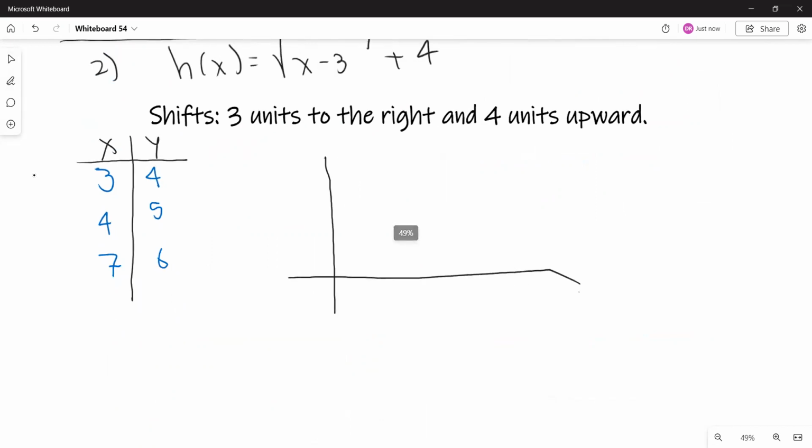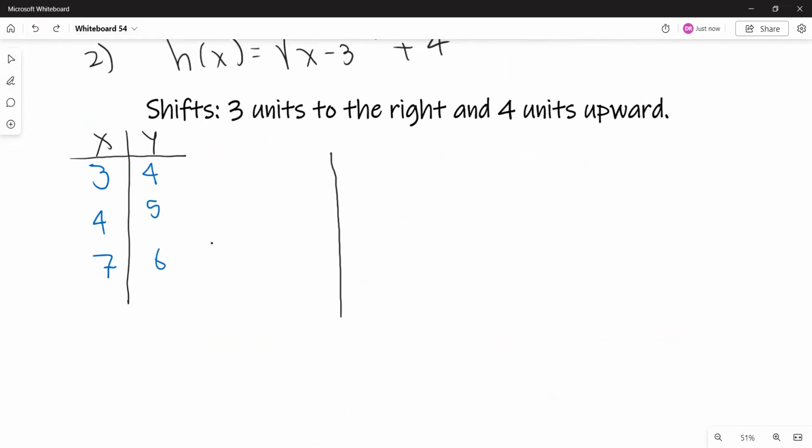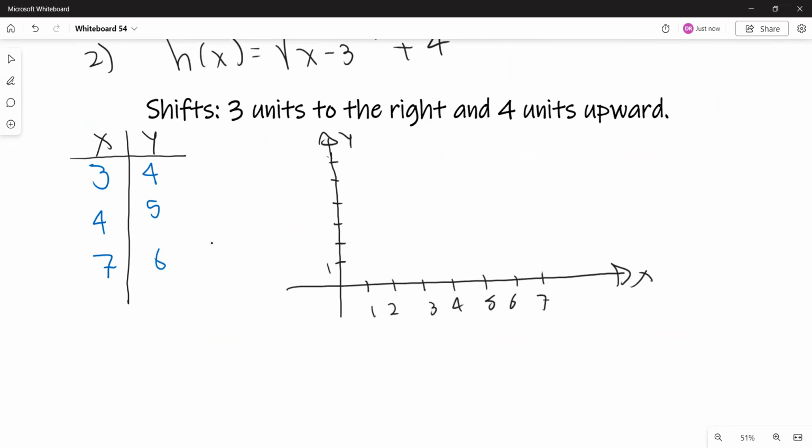Okay, so x values. Okay, so we have y values from 0 to 6 and x values from 0 to 7. Okay, so we got the points 3, 4.